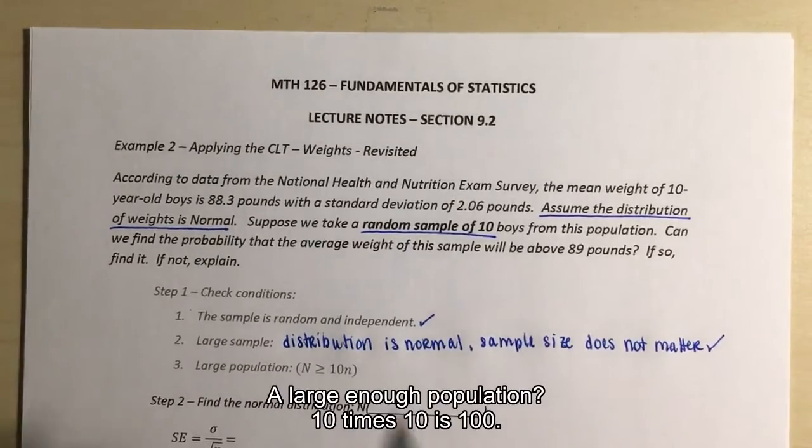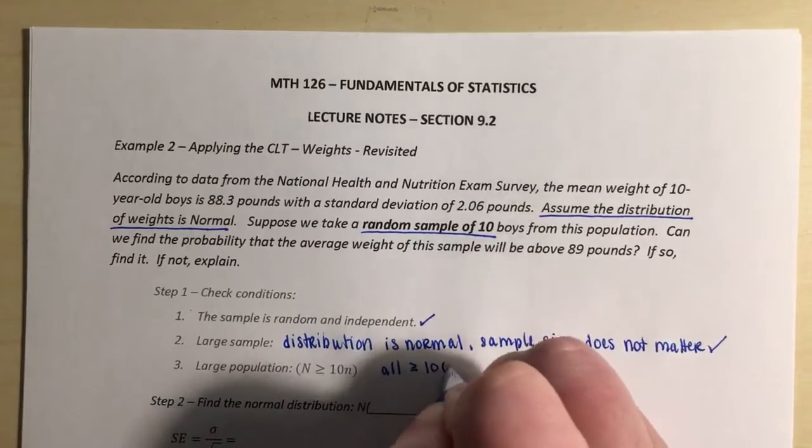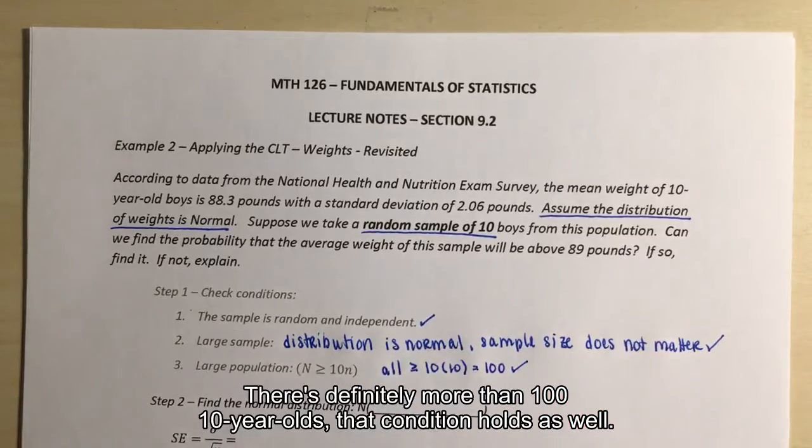A large enough population: 10 times 10 is 100. There's definitely more than 100 10-year-olds, so that condition holds as well.